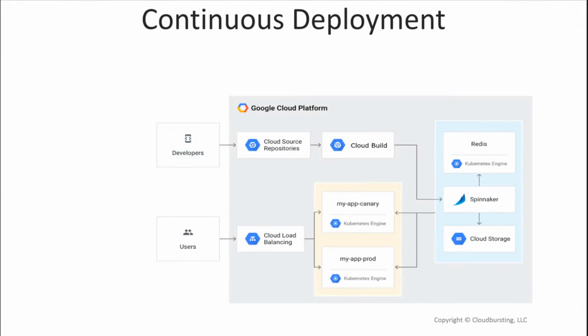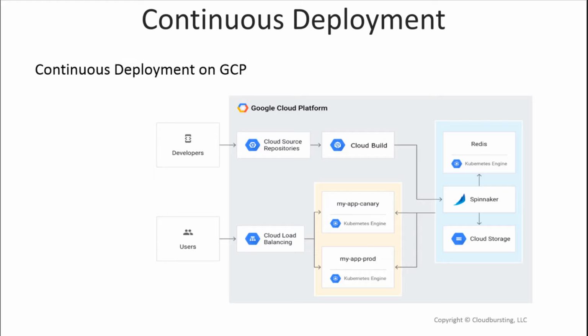Now, let's talk about continuous deployment in the sense that we have, for example, here with GCP Cloud Source Repositories, we have Cloud Build being used, we have Spinnaker, and we also have Kube Engine as part of this with some load balancing. So this is an example where we could use some tools to help automate some of this delivery and deployment process.